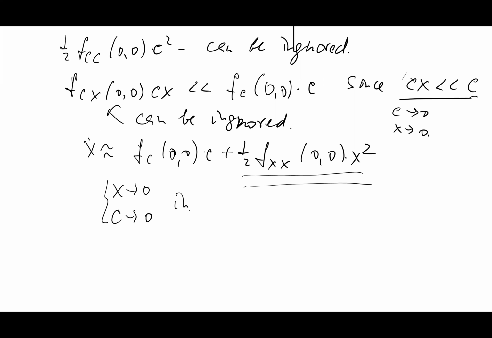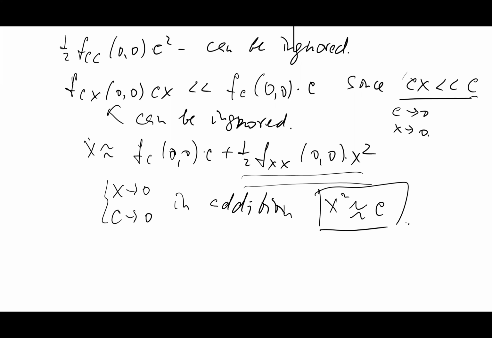But now, in addition, we assume that x squared is of the same order as c, so that both terms are of the same order. Then it's fine, and we keep this term, so we will have these three terms.